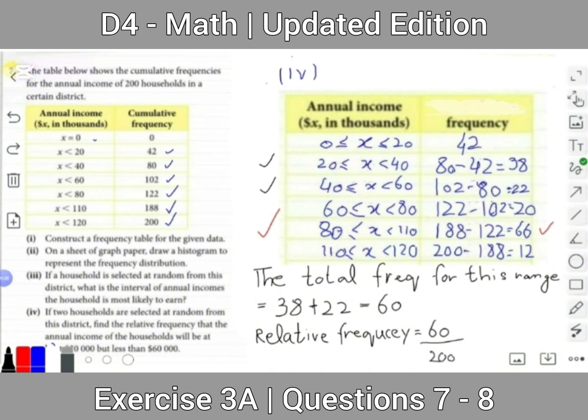So here we have the number of occurrences 60 and the total number of trials is 200. And since we have already selected one house, so total number of households that are left is 199, and the number of occurrences for the second household to be selected will be 59, just because we have already selected one household.